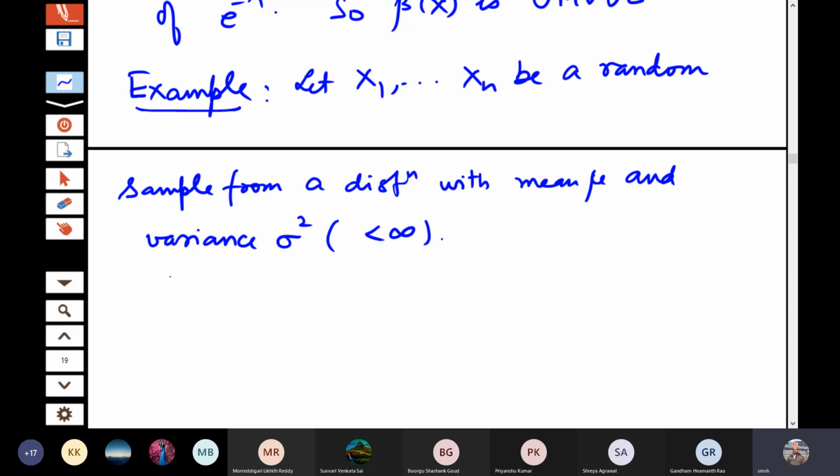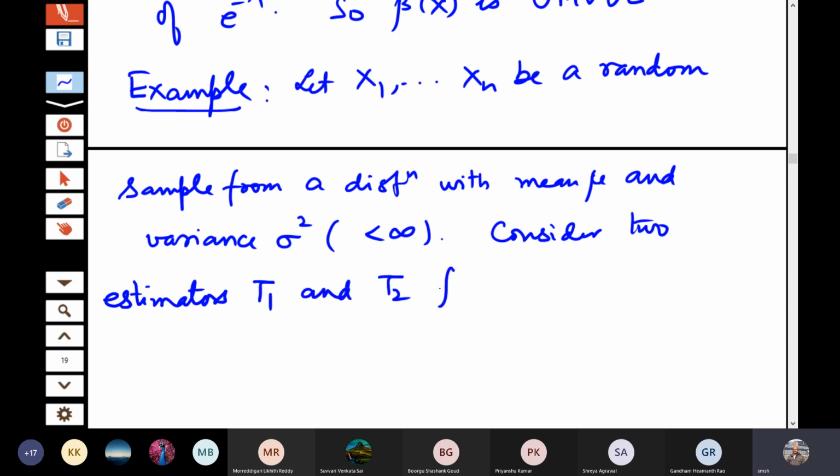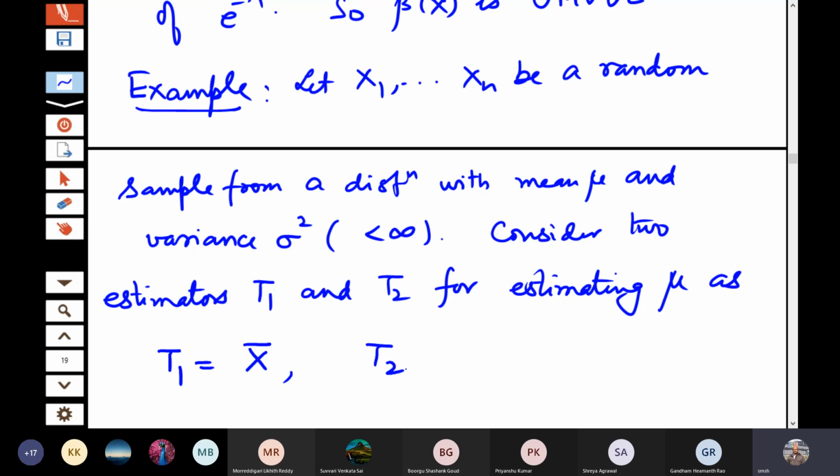Let us consider two estimators, say T1 and T2, for estimating mu. T1 I take to be simply the mean of all the observations, but in T2 I will get a little bit modified. I will put it as 2 by n into n plus 1, sum of i xi, i is equal to 1 to n. So a little bit of modification I have done in the second one.